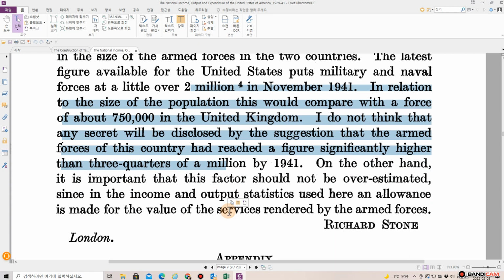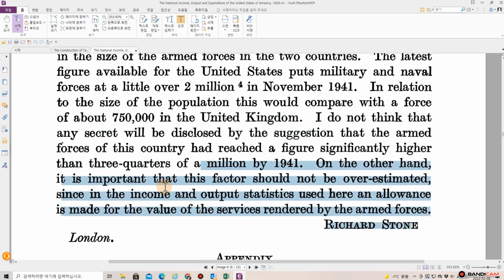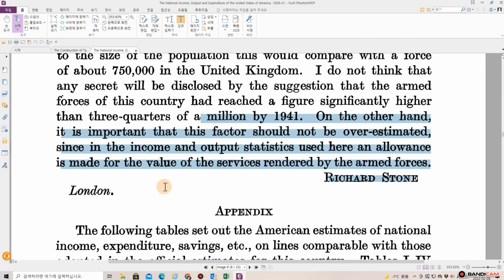I do not think that any secret will be disclosed by the suggestion that the armed forces of this country had reached a figure significantly higher than 750,000 by 1941. On the other hand, it is important that this factor should not be overestimated, since in the income and output statistics used here an allowance is made for the value of the services rendered by the armed forces. Richard Stone, London.